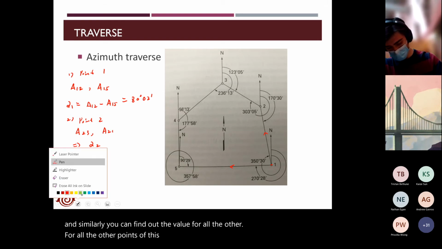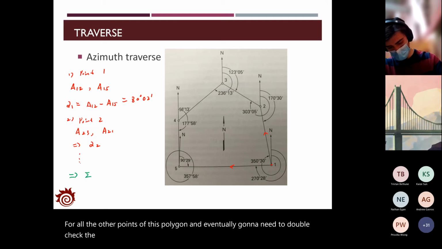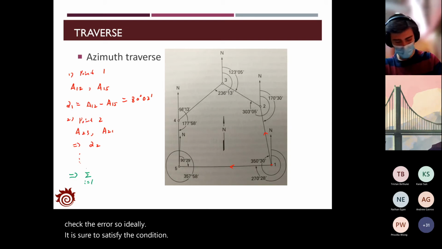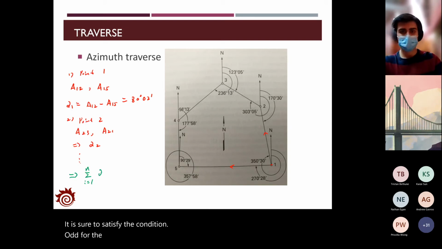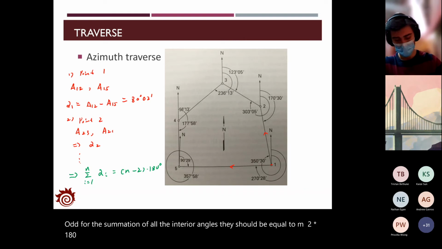And eventually, you're gonna need to double check the error. So ideally, it should satisfy the condition that the summation of all the interior angles should be equal to m minus 2 times 180 degrees. So this is the way for you to do the correction.